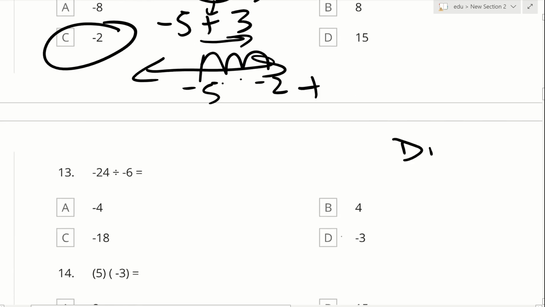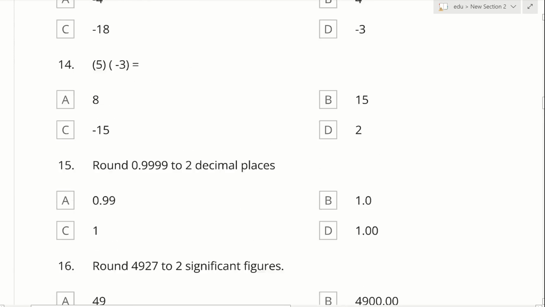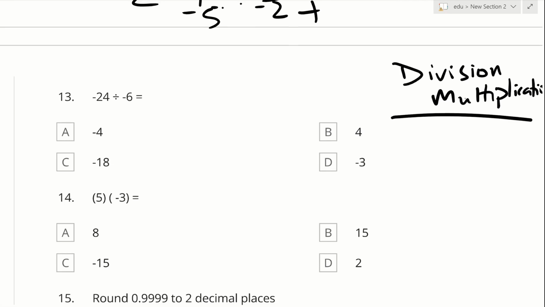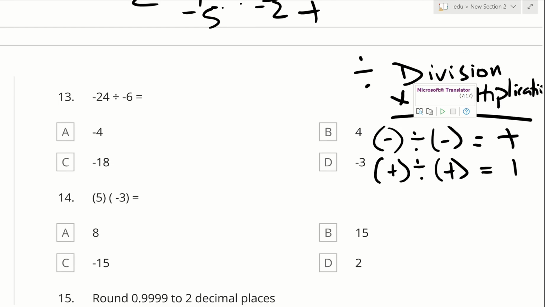So with division and multiplication, if I have the same sign, a negative and a negative is a positive. A positive and a positive are going to be a positive.